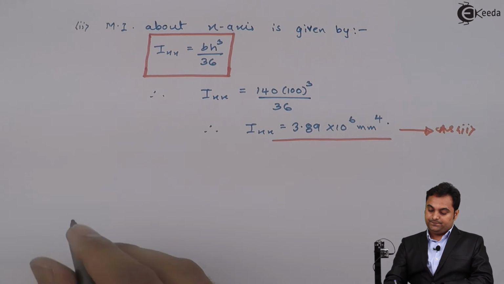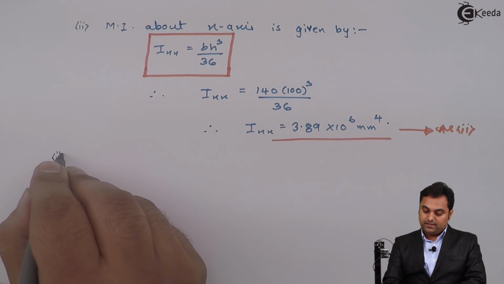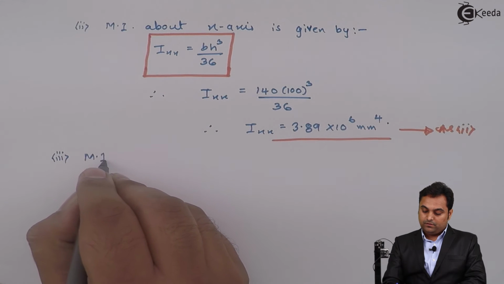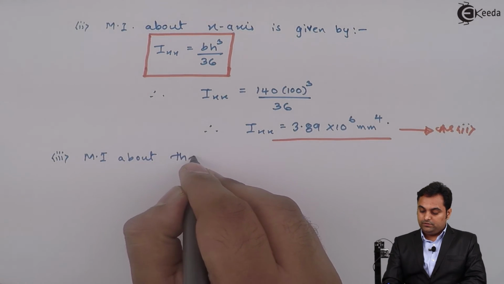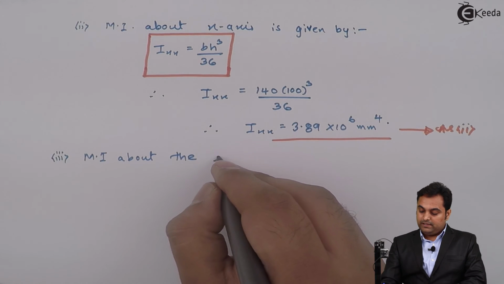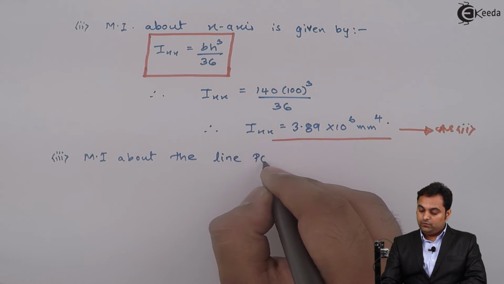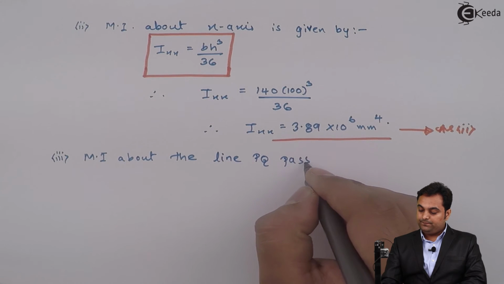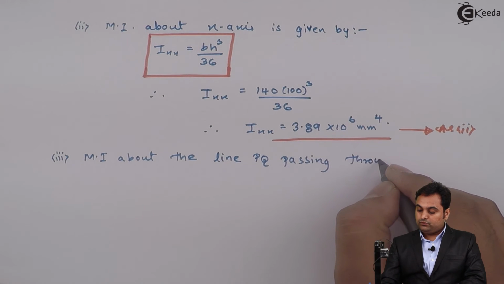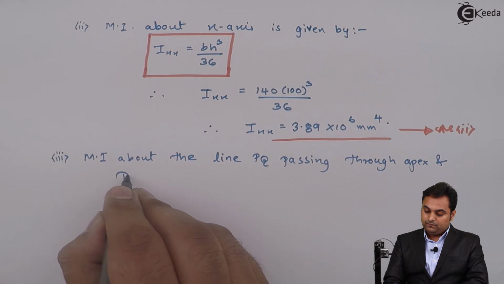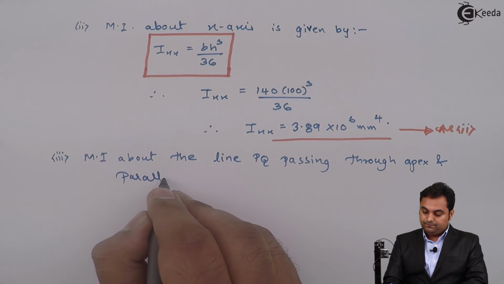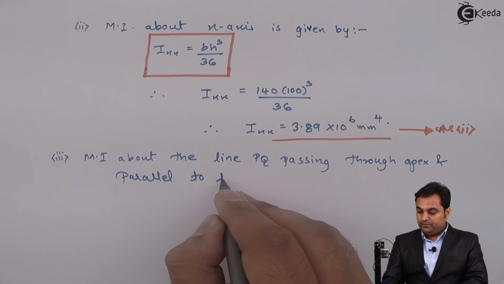At last, MI about the line PQ passing through apex and parallel to the base.